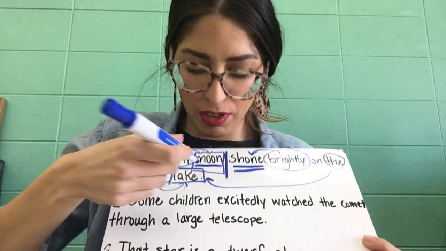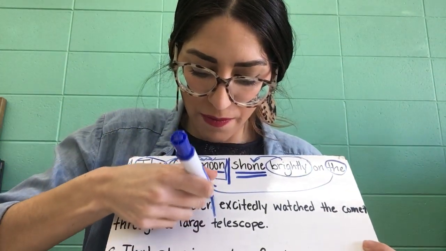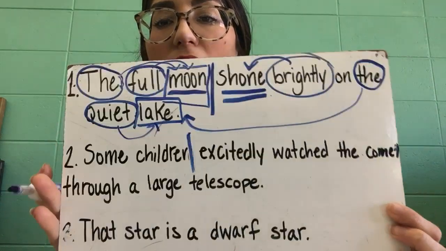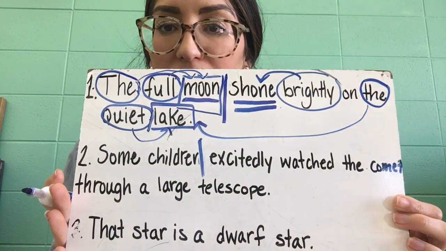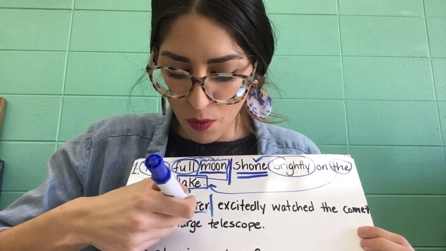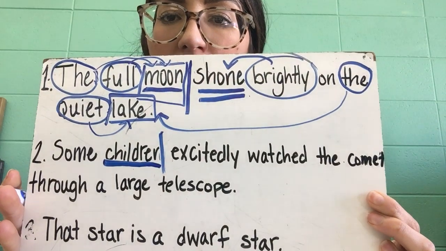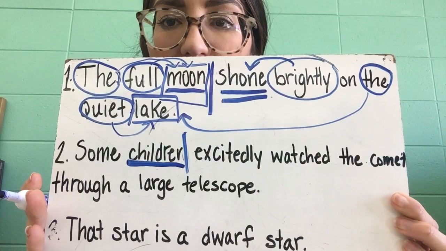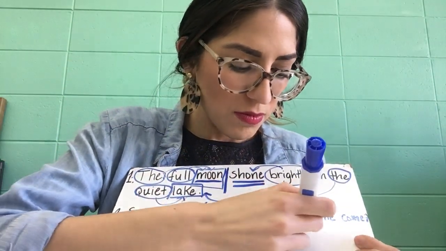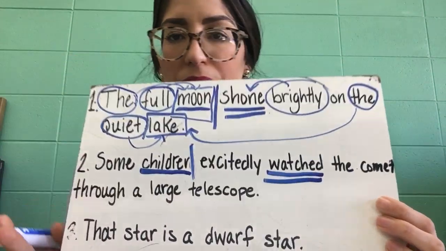Very good. Between children and excitedly. Now let's mark our subject. Good, children. Underline that 1 time. How about our verb? Good, watched. Underline that 2 times.